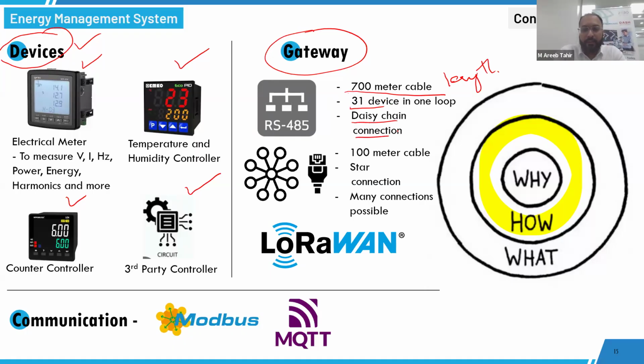The connection method is daisy chain. If we provide or you request Ethernet connectivity, its connection will be star topology. Each cable will be connected as 100 meters, and many connections are possible using this method.